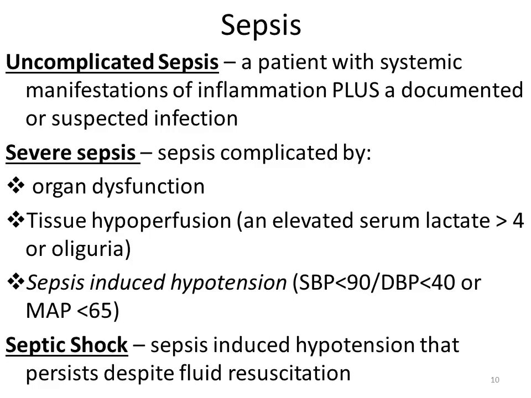We can detect hypoperfusion with an elevated serum lactic acid, lactate level. So a lactate level greater than 4, indicating that they have lactic acidosis because they have converted from aerobic to anaerobic metabolism.